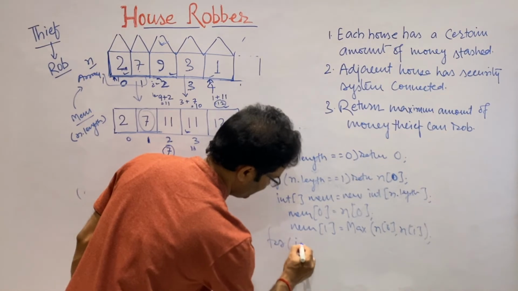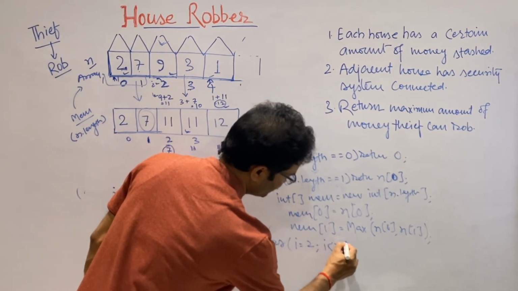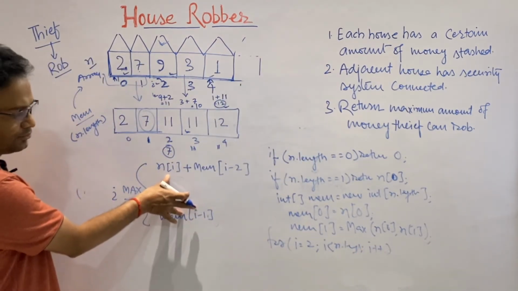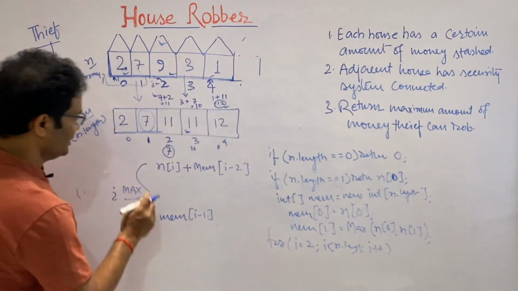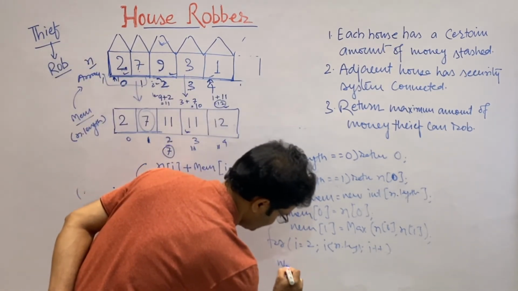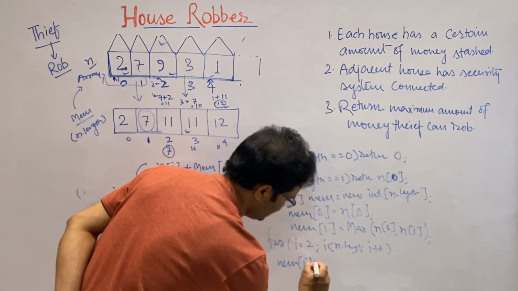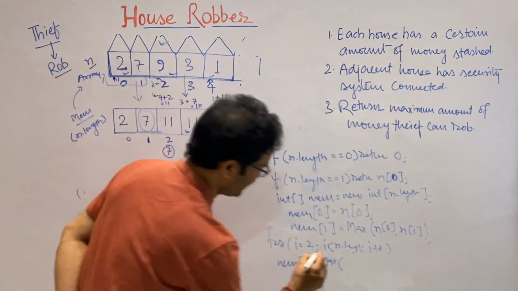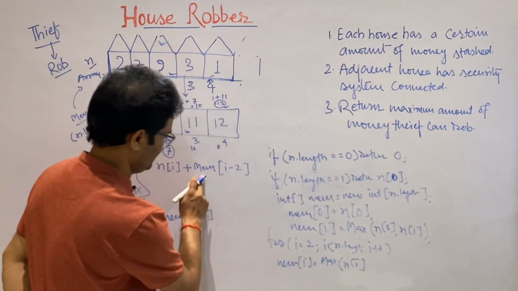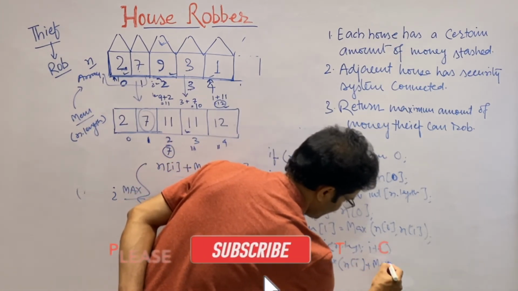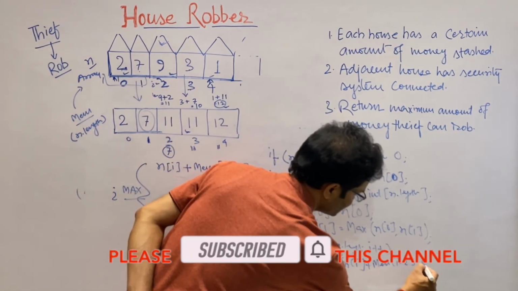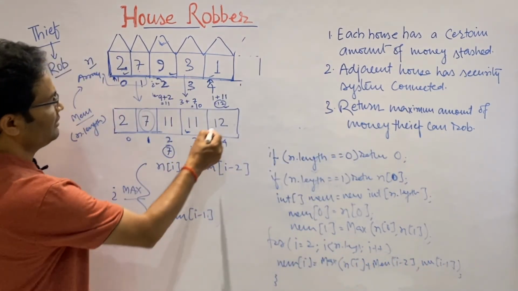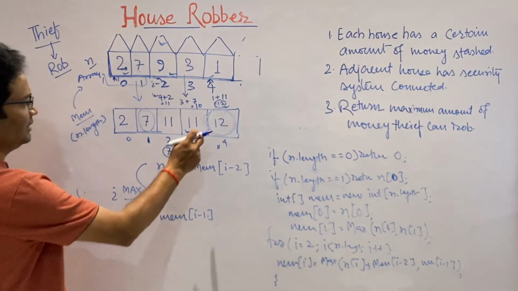We start the for loop from i equal to 2, i less than nums.length, i plus plus, and put this logic. In mem[i] we put the max of nums[i] plus mem[i-2], else mem[i-1], and return the last index of mem.